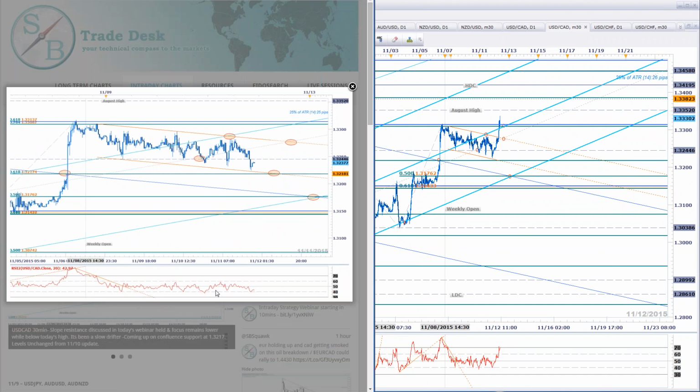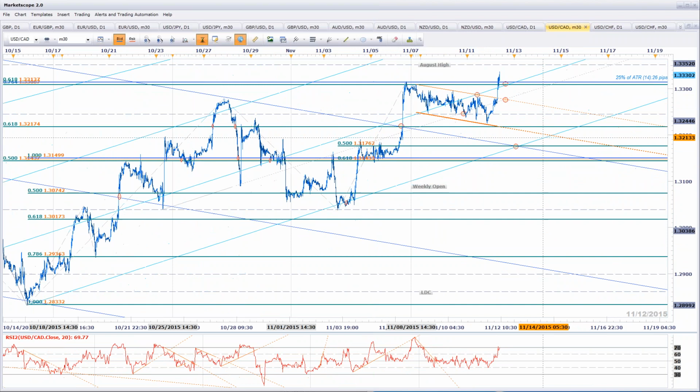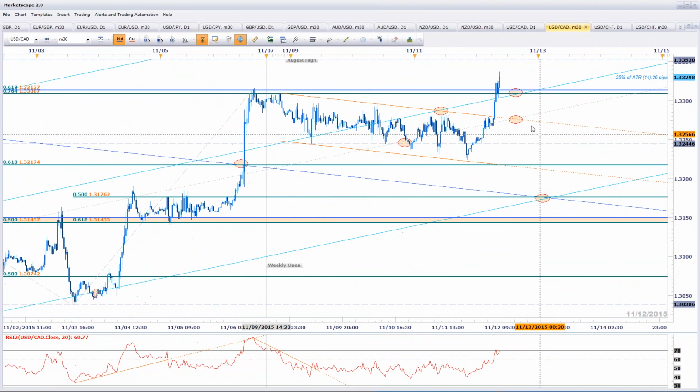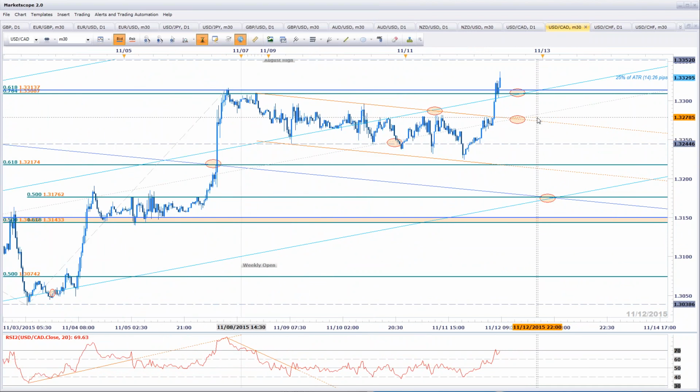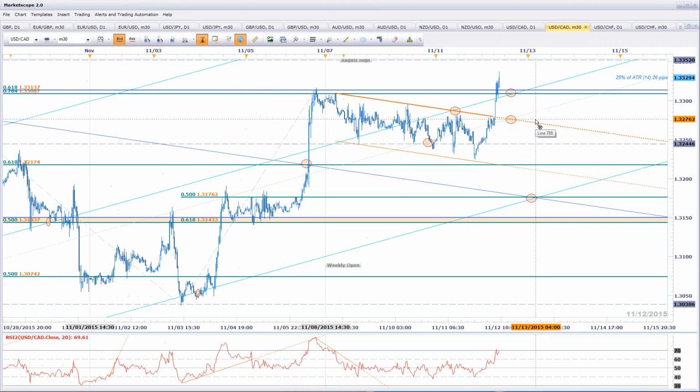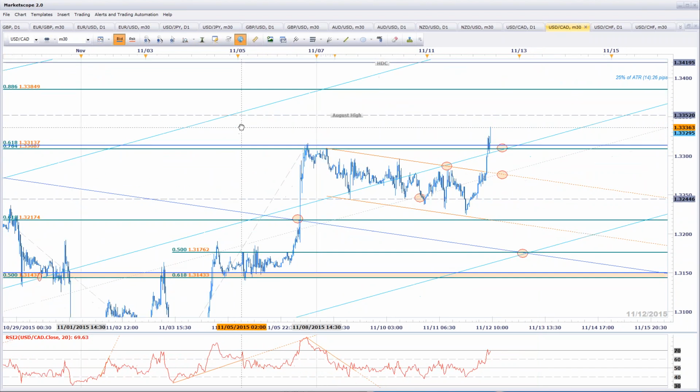That's as range bound as you get. Here was the inevitable break that took you above that 60 level, and the rest is history. So you might get a pullback into support at 133. Invalidation at this point for the long side is going to have to be 132.75, 132.76. It's still a clean formation to the upside here.